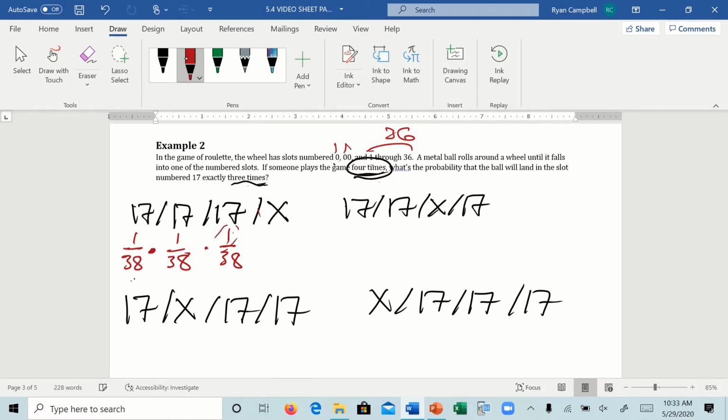Well, 17 is one of them, so there are 37 other ways of getting something other than a 17. And if you notice, this will be the same probabilities for all of them. This will be 1 out of 38, 1 out of 38, 37 out of 38, and 1 out of 38. And so really we're just multiplying them in different orders, but they're the exact same numbers.